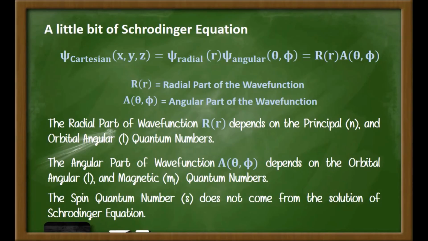Second, the orbital angular quantum number can be derived from the radial part of the wave function of the Schrodinger equation in combination with the angular part of that wave function in spherical coordinates. And the magnetic quantum number can be derived from the angular part of the Schrodinger equation when represented in spherical coordinates. And the spin quantum number does not come from the Schrodinger equation solution.